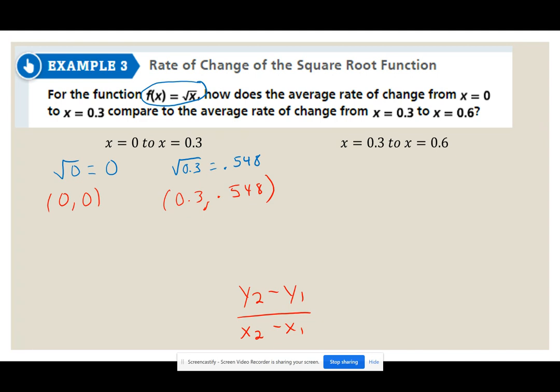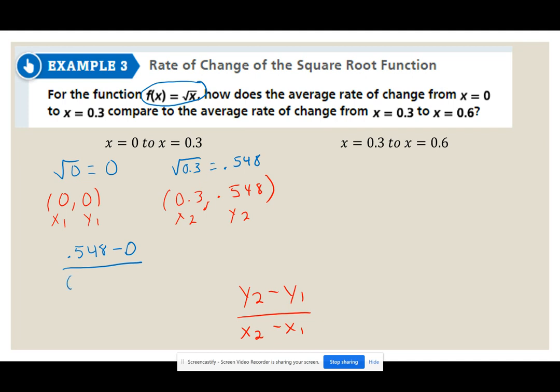Okay, so now if I substitute those into this equation, y2 minus y1, well, I have x1, y1, x2, y2. So my y2 value would be 0.548 minus my y1 value, which is 0.